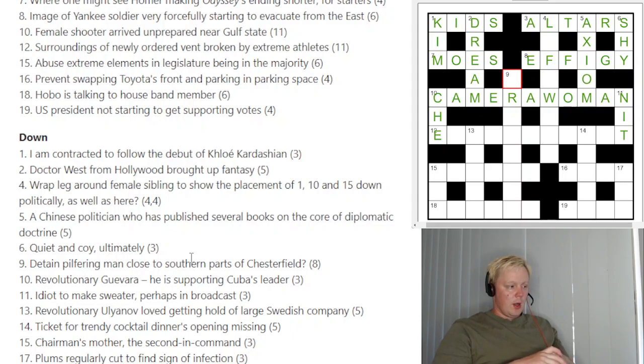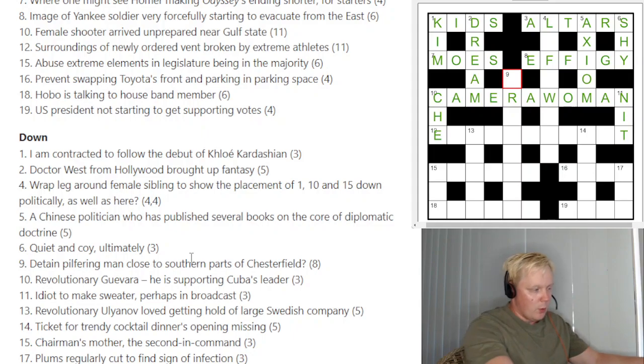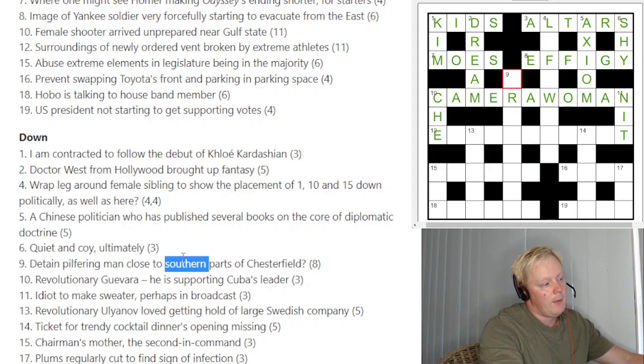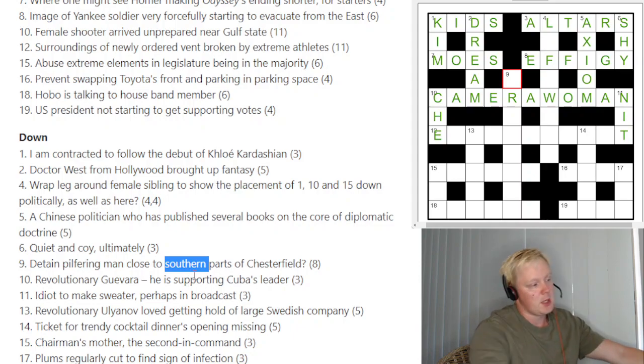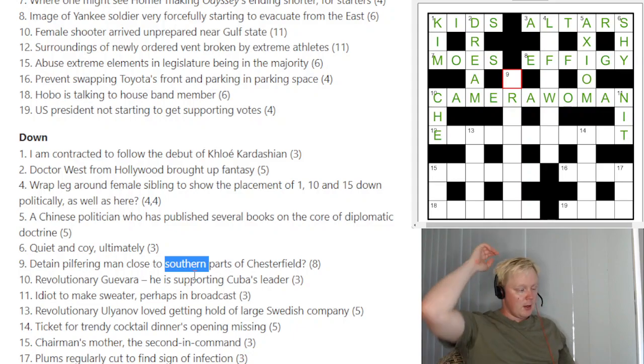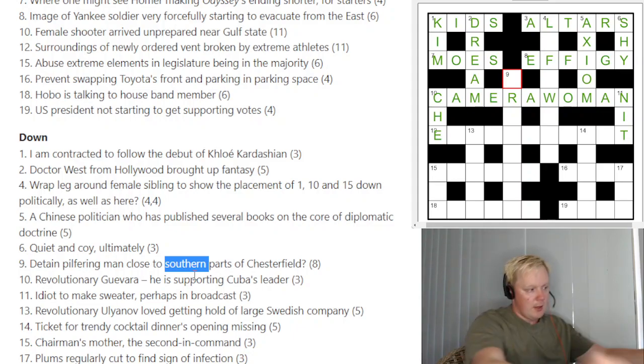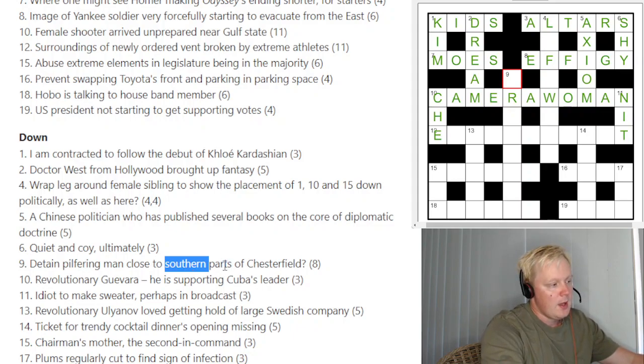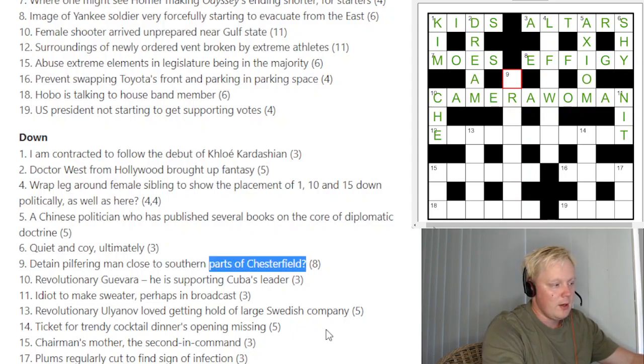So how this is going to work is there's an abbreviation for southern, and that is S. You might see in a compass N and S, one letter abbreviations for the compass points. Southern can be abbreviated S, and these parts of Chesterfield is a plural, so S at the end is very likely, right?